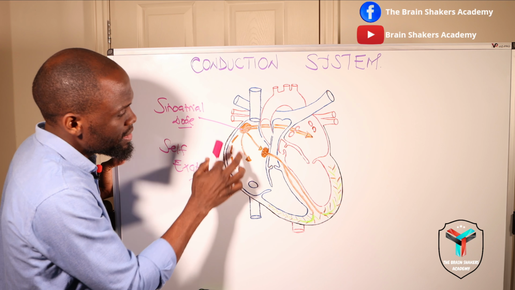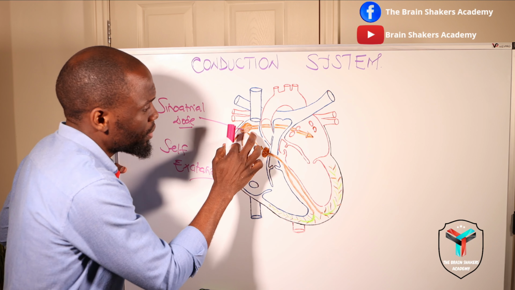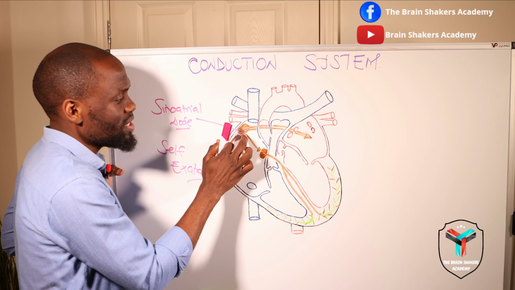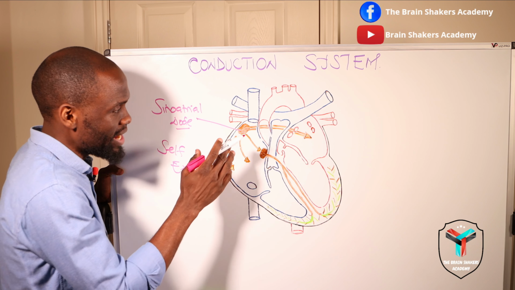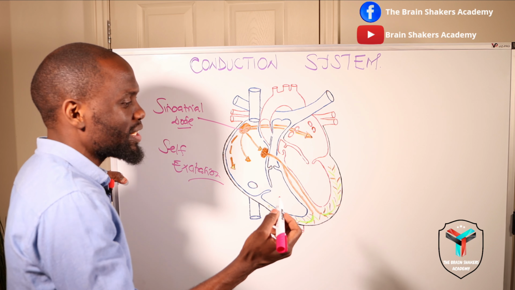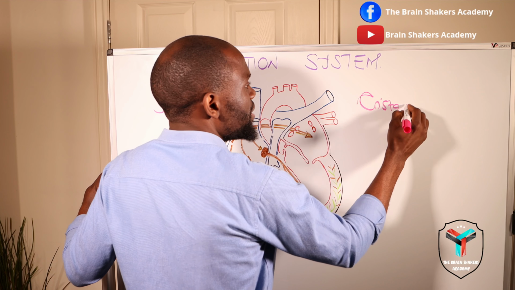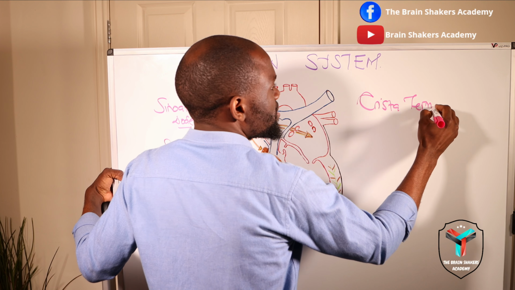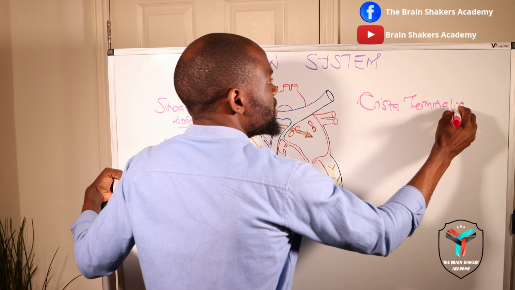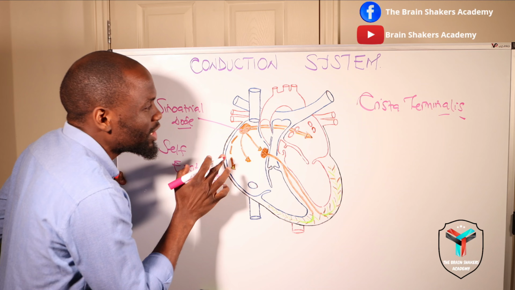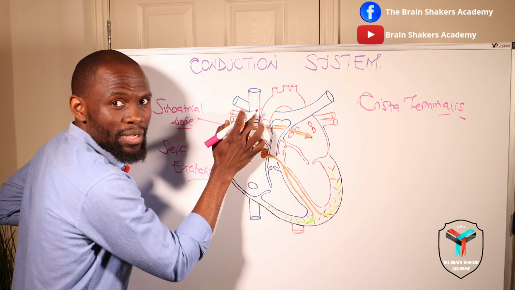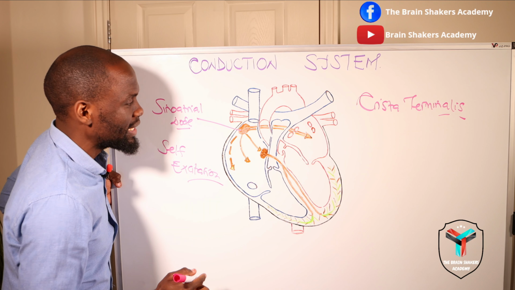Now, if you look at this particular location, you find that the sinoatrial node is in an area that we refer to as the crista terminalis. This is basically closer to the opening of the superior vena cava.